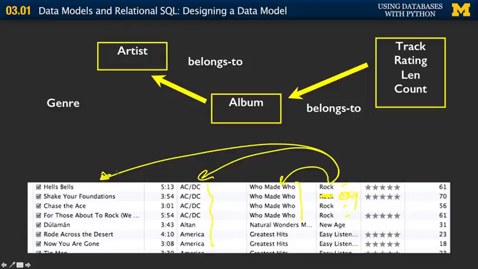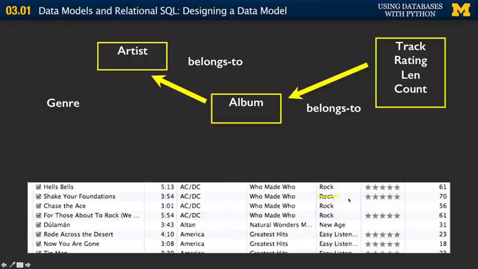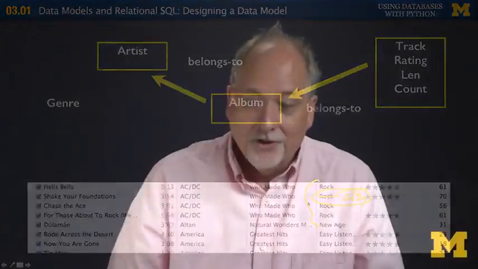And if it was an attribute of track, only this one would be changed to easy listening. So the question is, when you go into that system and you change one thing, does it change all of these based on the album or the artist? Well, you can pause and go ahead and do that, but I'm going to tell you. It turns out if you change that, it only changes one. So that actually tells you.